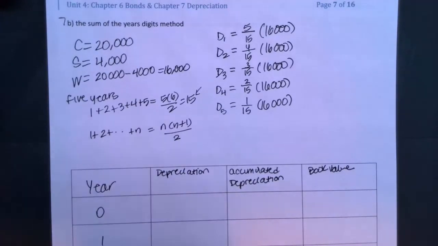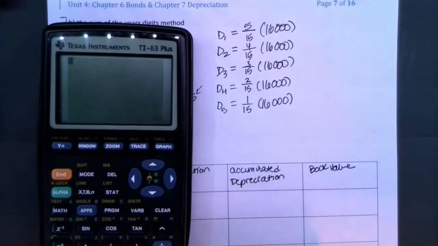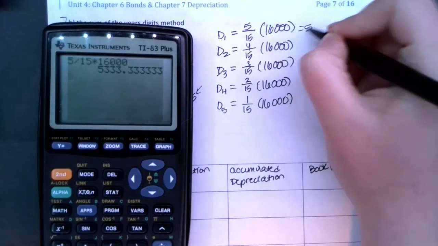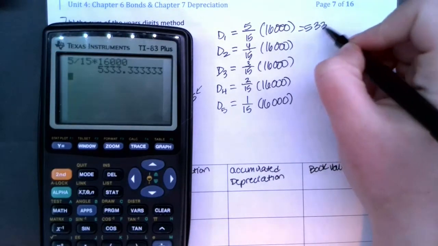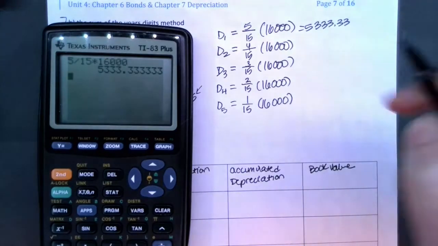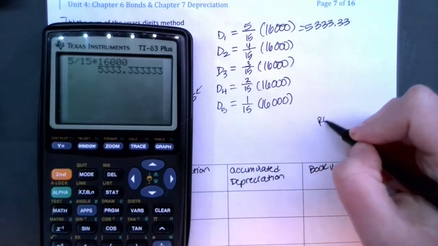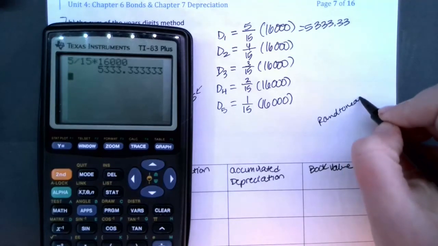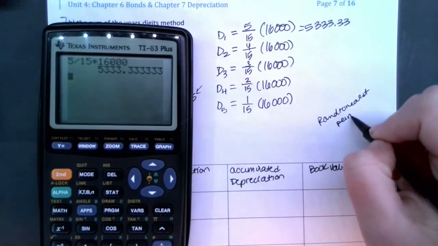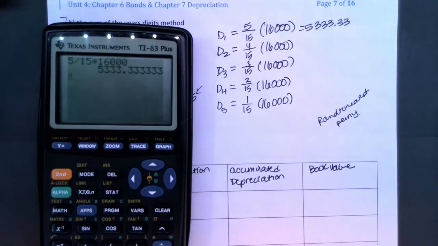So to enter D1 in our calculator, we're going to do 5 divided by 15 times 16,000. So we get $5,333.33. So here we're going to round to the nearest penny. Okay, but that's going to make our last one just a little bit different when we work backwards.